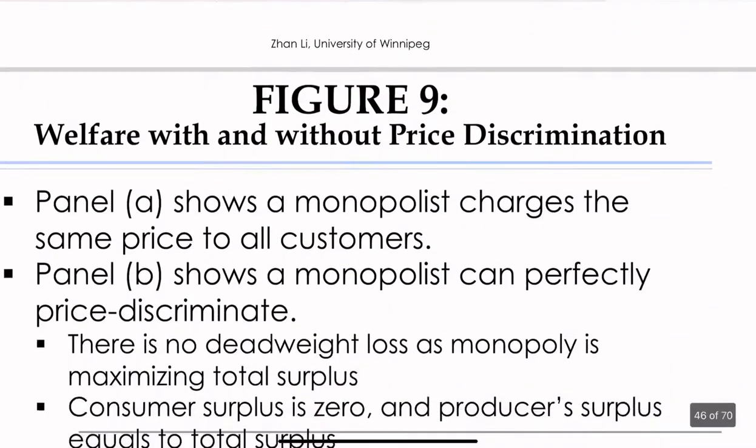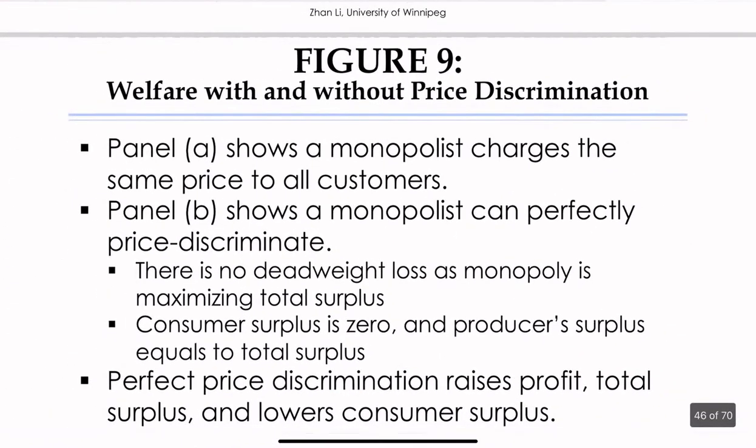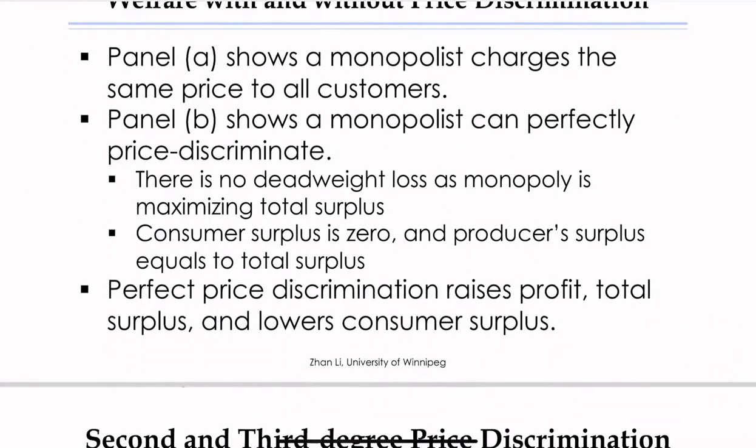So let's summarize, right? So first, under perfect price discrimination, there is no deadweight loss because the monopolist is maximizing total surplus. And then we can also see that consumer surplus is zero. And because consumer surplus is zero, then producer's surplus has to be the same as the total surplus.